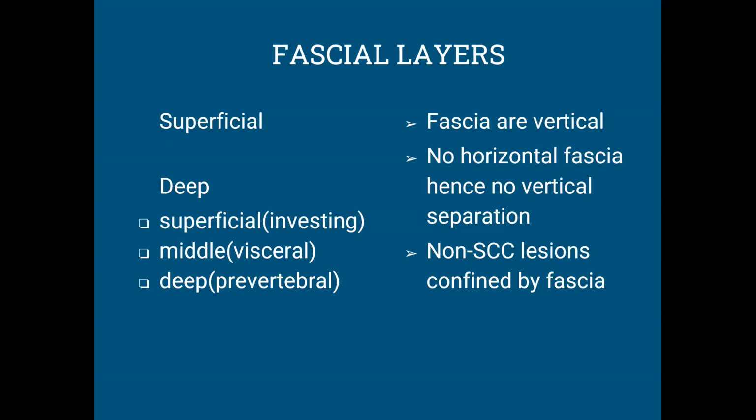All these fascia are aligned vertically and not horizontally. Hence, no horizontal separation can be made by these fascia, and all the non-SCC lesions will be seen confined in their respective fascia. They won't extend across the fascia, unlike an SCC lesion, which doesn't respect these fascia and tends to extend across them.